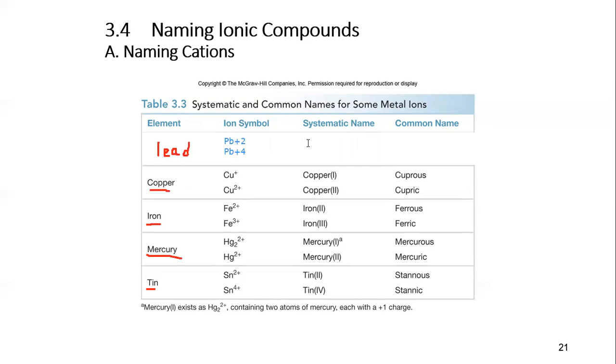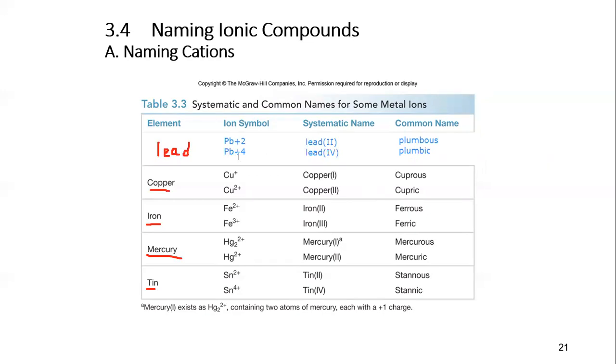If we use the systematic naming, we would say lead 2. If we use the common naming, we'd have to use the Latin name for lead, which is plumbum. So this would be plumbous, and this would be plumbic.